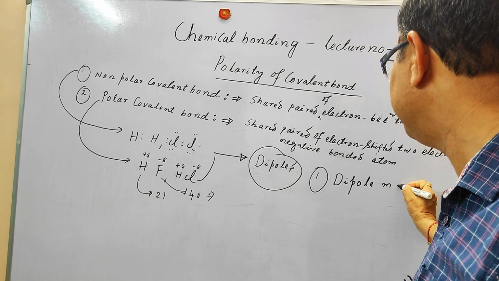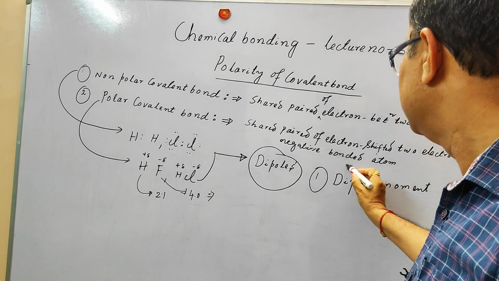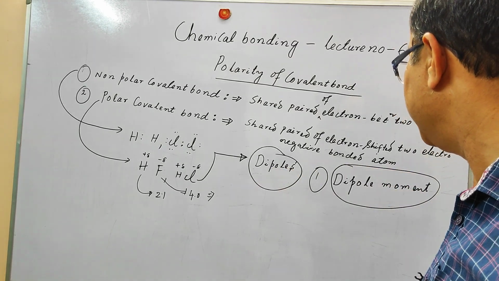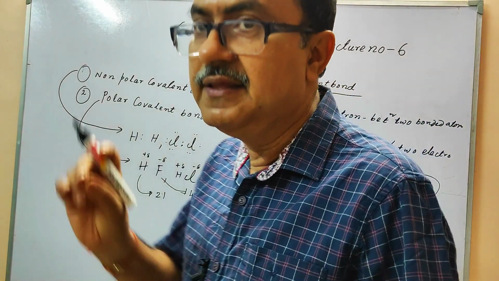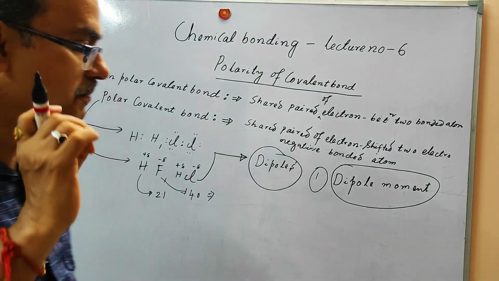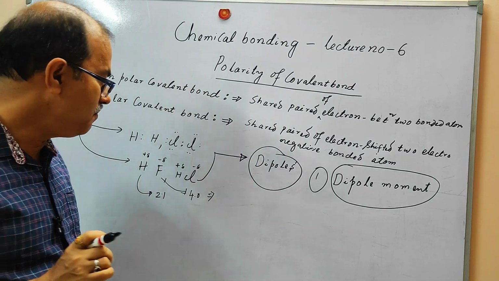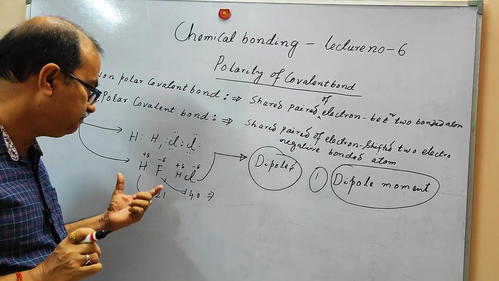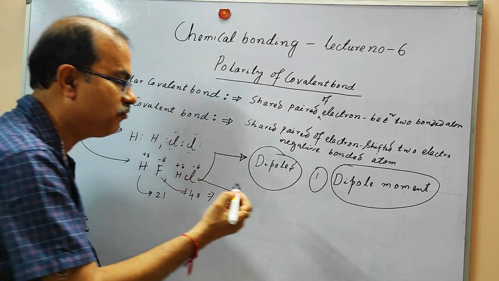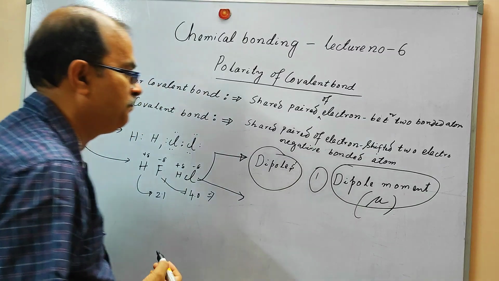We will understand in which way we can measure this dipole moment. Dipole moment is measured by a mathematical formula, and it is expressed by a Greek letter, mu.